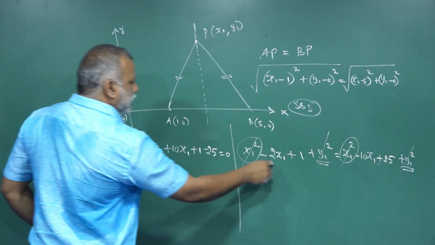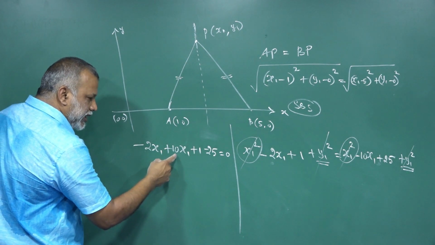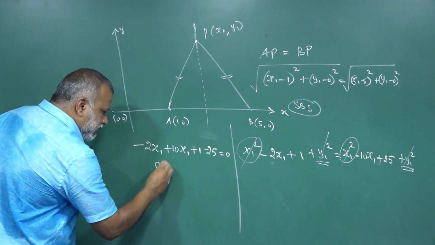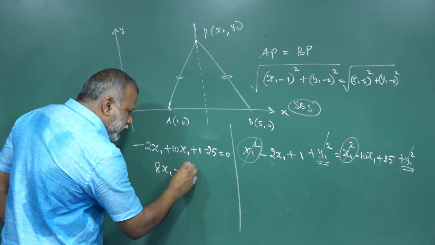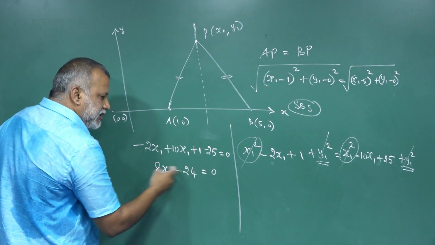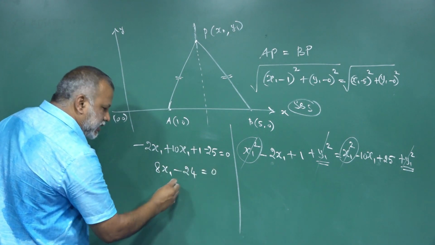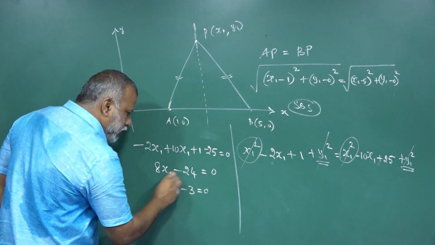The remaining terms are 2x1 and 10x1, which we add to get 8x1. And 1 minus 25 gives minus 24, equal to 0. On simplifying, it can be divided by 8. Therefore, x1 minus 3 equal to 0.